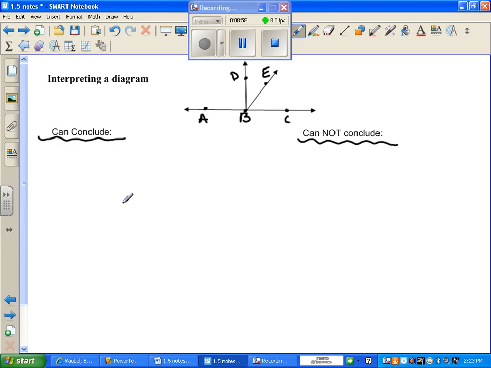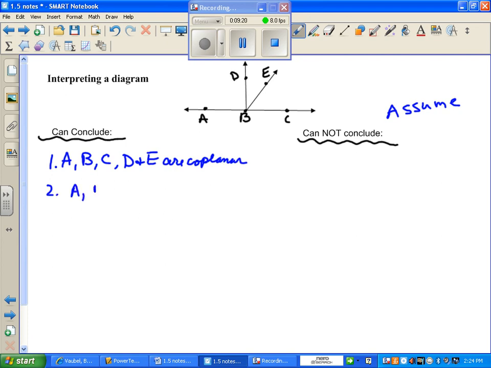You cannot just assume things, you have to be sure of them. So what you can conclude in this picture is that A, B, C, D, and E are coplanar. They're in the same plane. You can conclude that points A, B, and C are collinear.